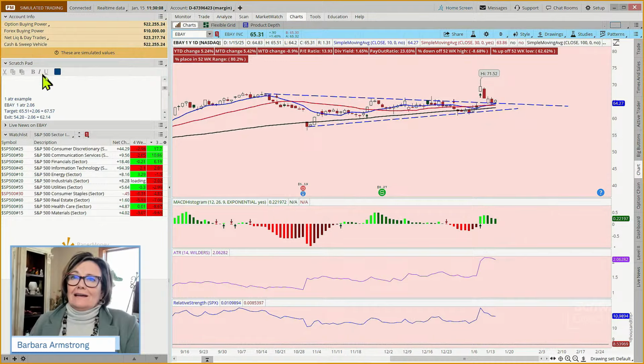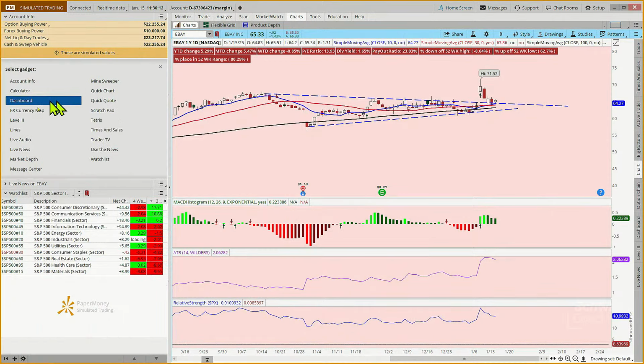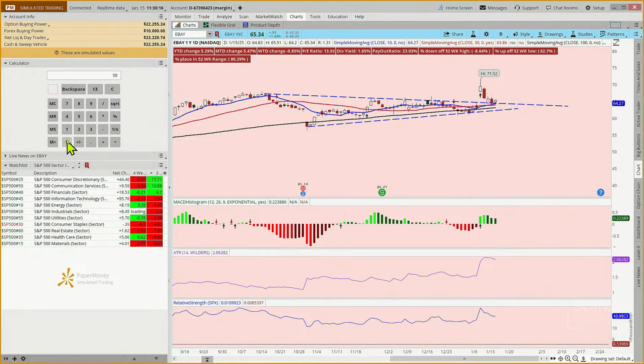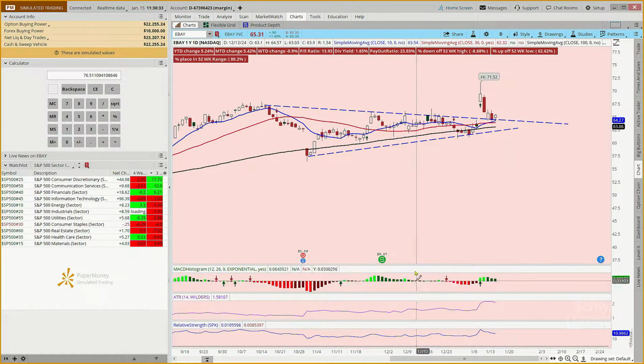So we would bring up our calculator and say, okay, if I could have a $5,000 position and I divide that by this current price of $65.35, I could buy 76 shares. Why don't we just make it 75? So if we buy 75 shares, now, if this doesn't go according to plan, when might we want to exit?